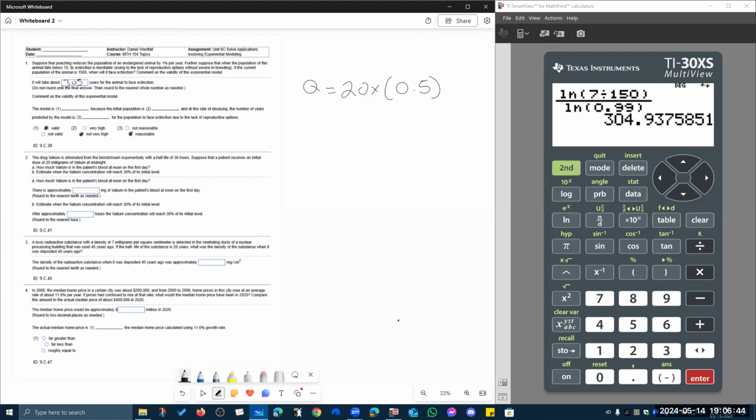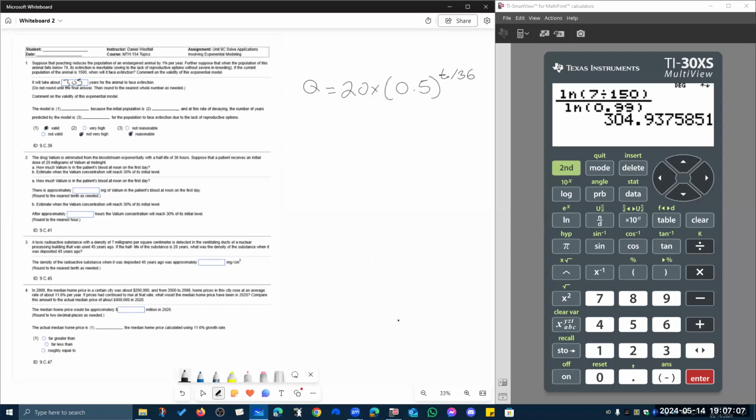Let's see, every 36 hours, it cuts in half. So the easiest way to write this is t divided by 36 to see how many cycles it's gone through to cut in half like that.